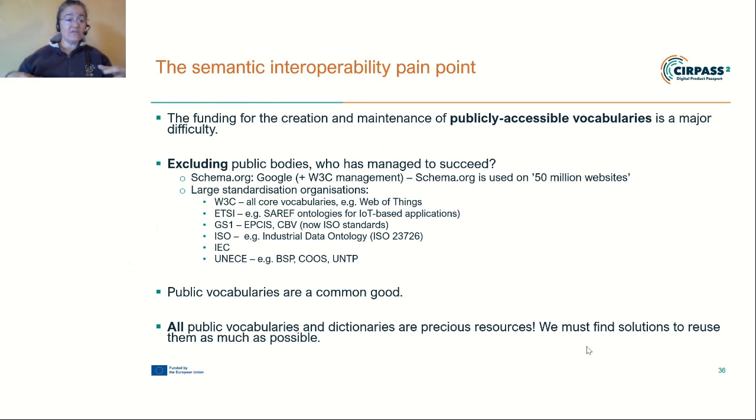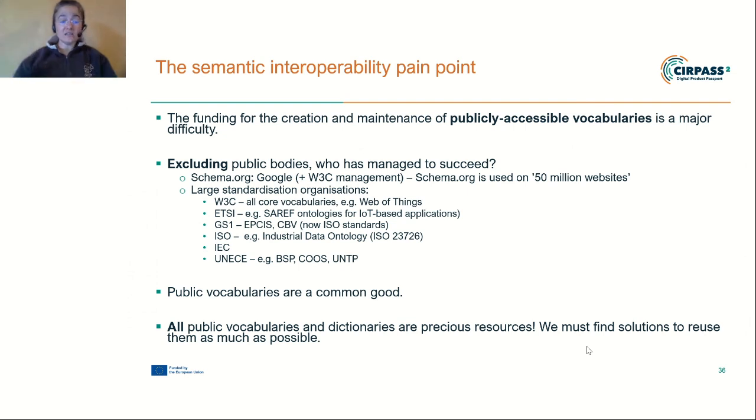And otherwise, you have very large standardization organizations: W3C, ETSI with the SAREF ontologies for IoT applications, GS1, a very large global standardization organization with EPCIS and CBV, which are now ISO standards.